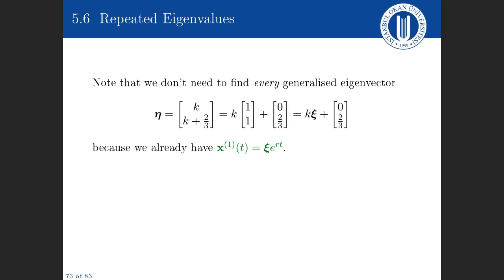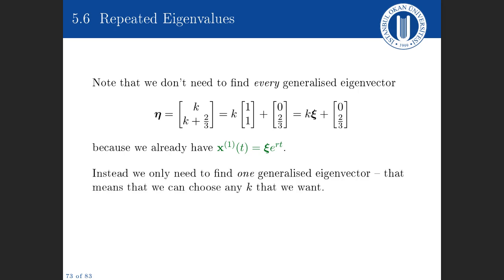So it's okay to take k equal to 0. It's okay to just take any generalized eigenvector which satisfies the equation. We only need one generalized eigenvector, so we could use eta is equal to 0, 2/3.